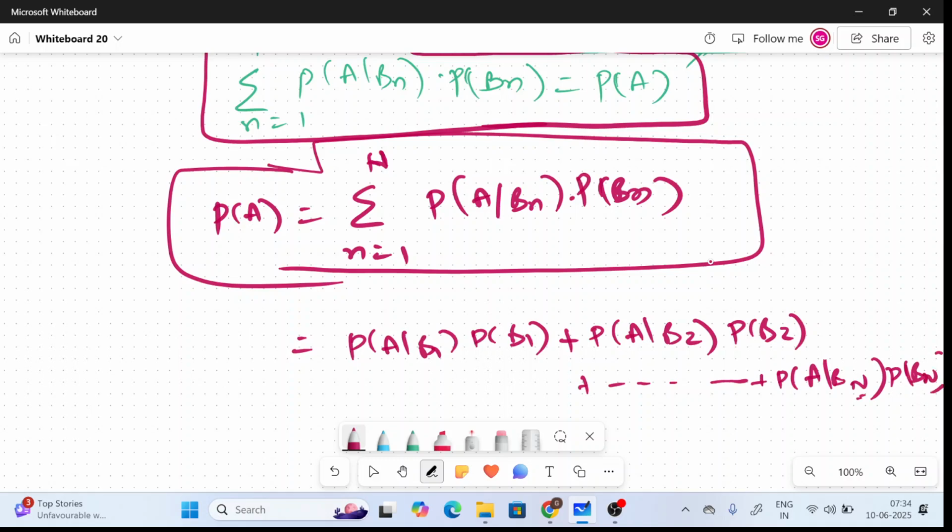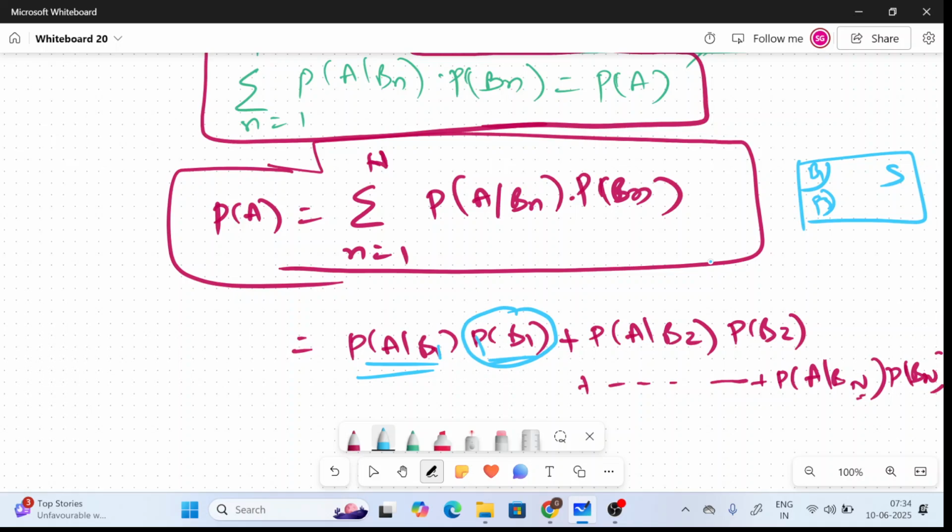This is the nth term. These P of B terms are the individual probabilities of the events that make up the sample space B1, B2.